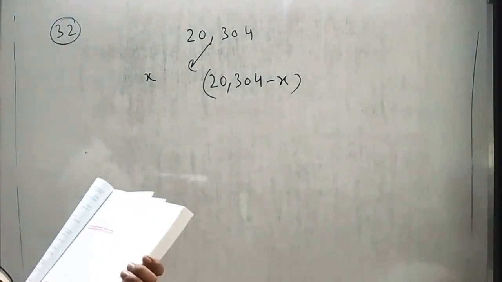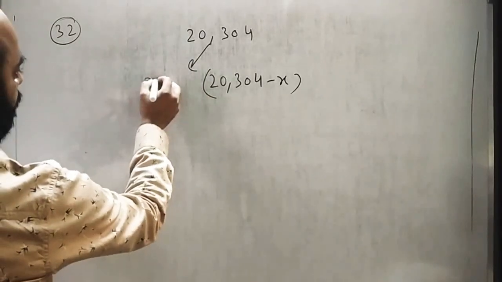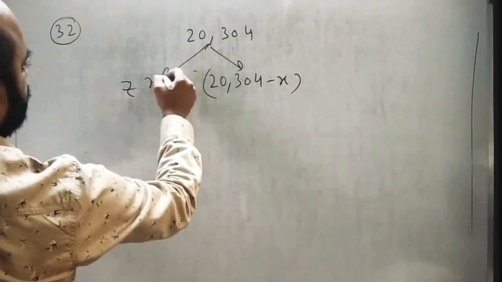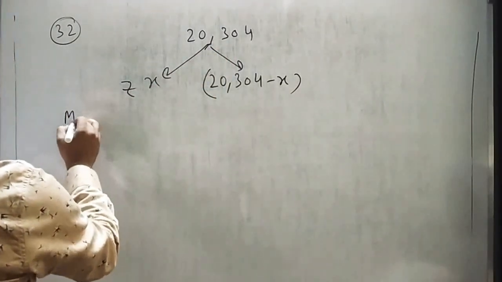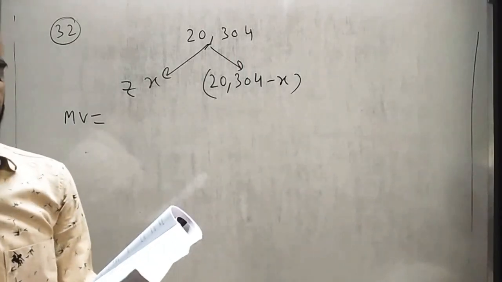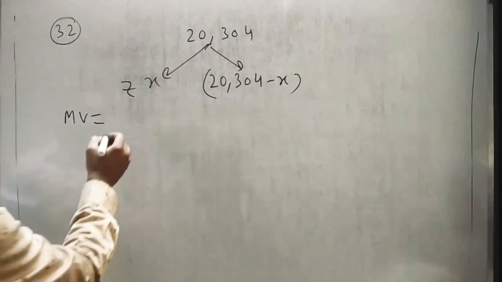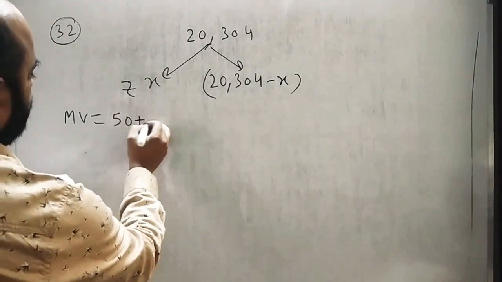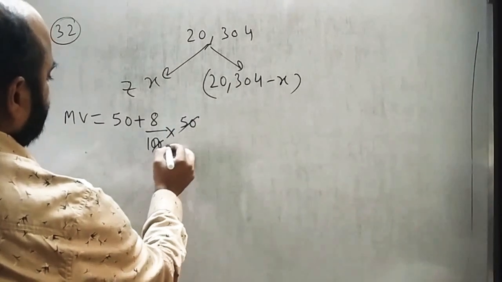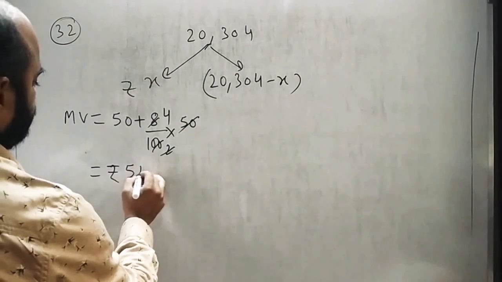First part investment is 8% premium. It means what is the market value? Market value for first case is rupees 50 shares at 8% premium. It means 50 plus 8% of 50, so that will give rupees 54.